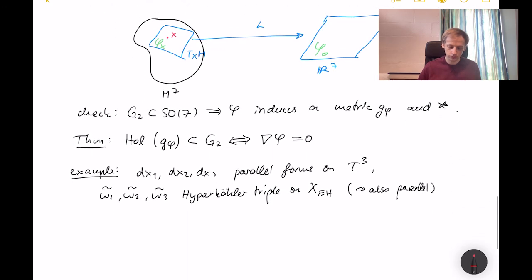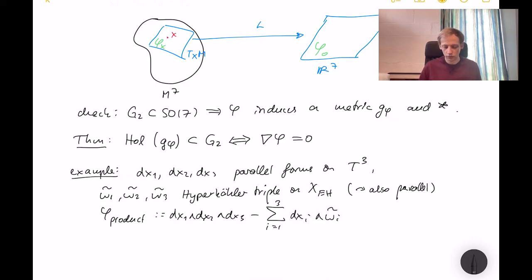So I'll write it down again. Let's say we have the 3 form phi product, which is dx1 wedge dx2 wedge dx3 minus the sum of dxi wedge omega i twiddle.